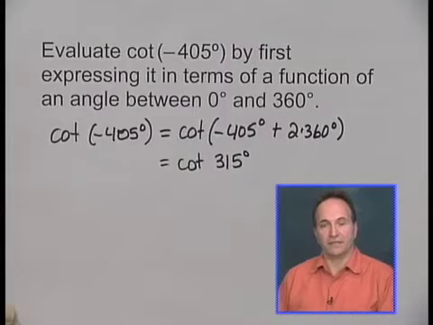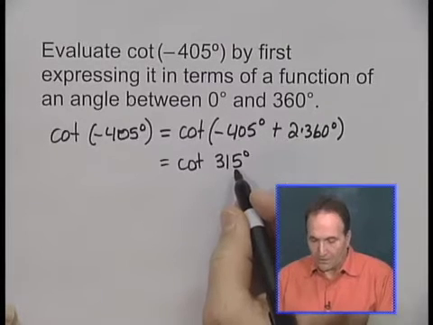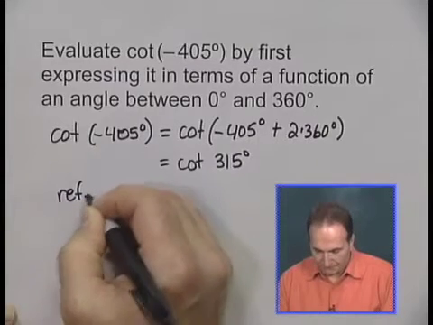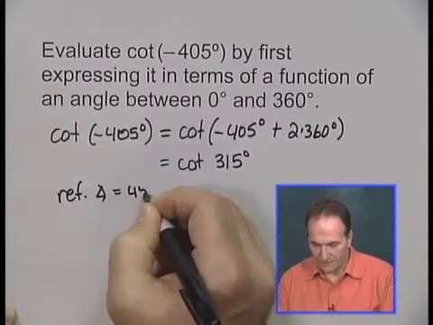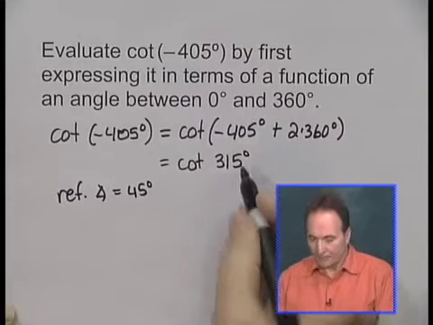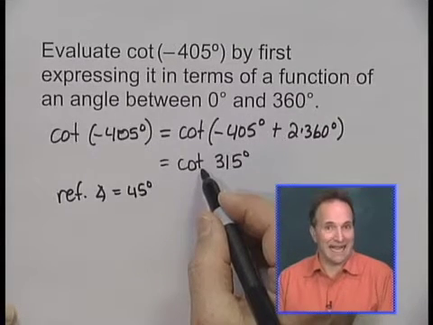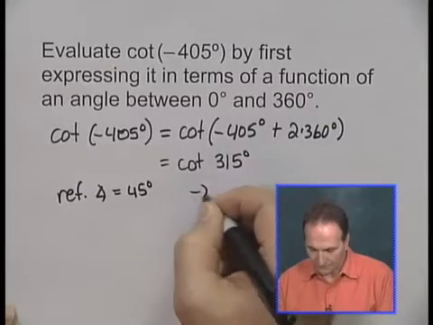The reference angle for 315 degrees is 45 degrees. 315 degrees is in quadrant 4, and the cotangent is negative in quadrant 4.